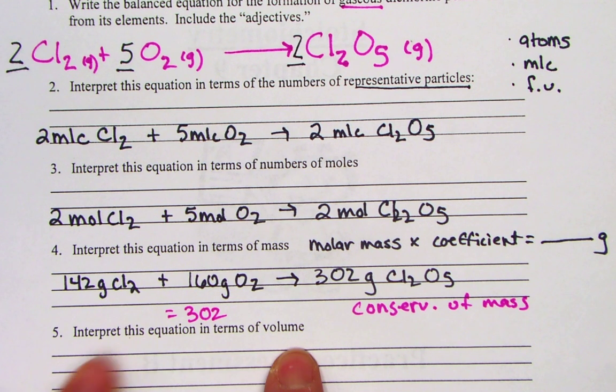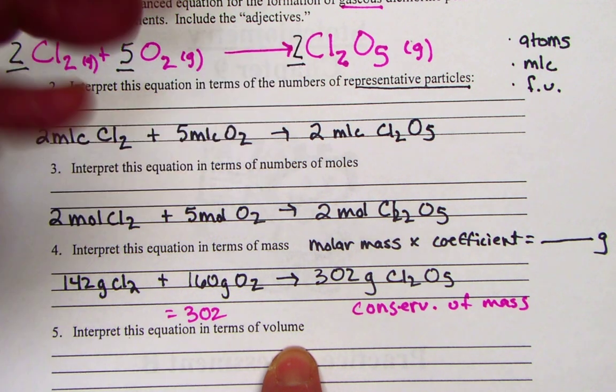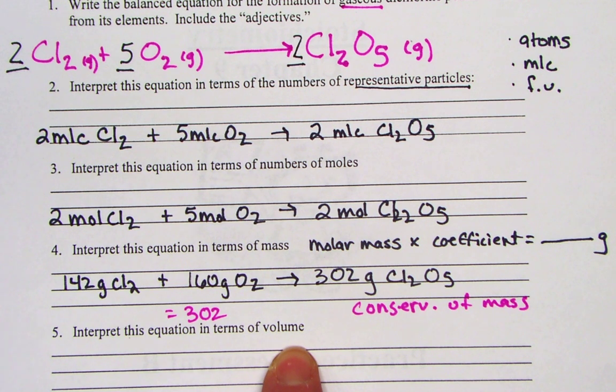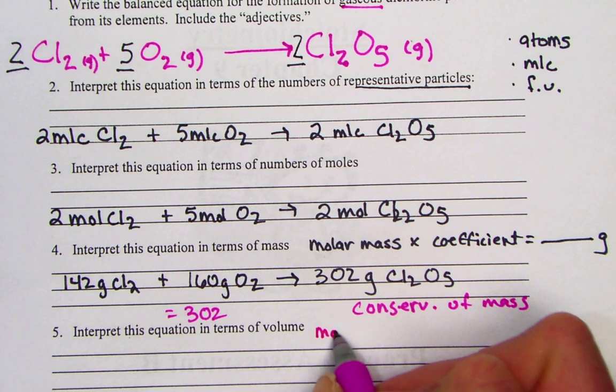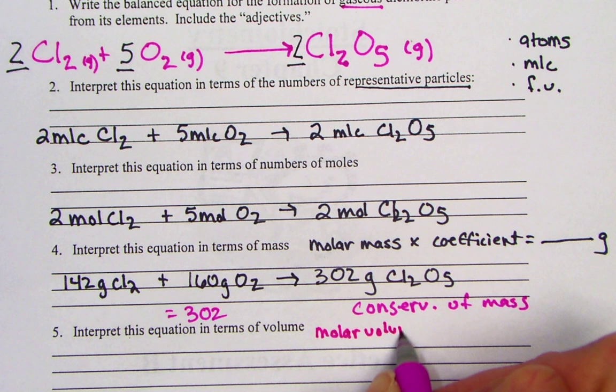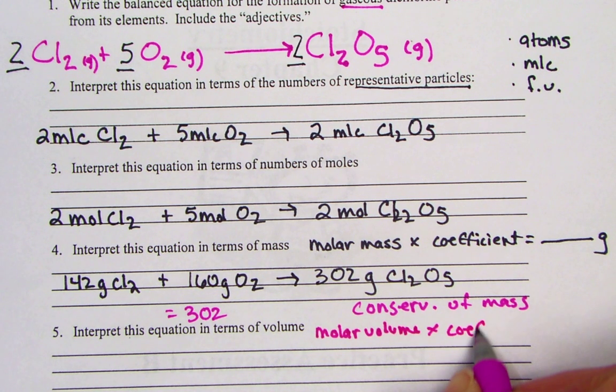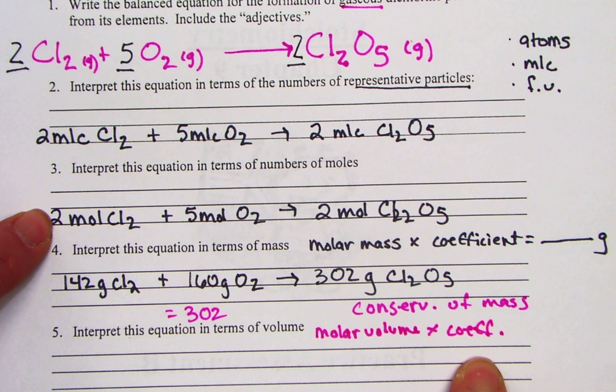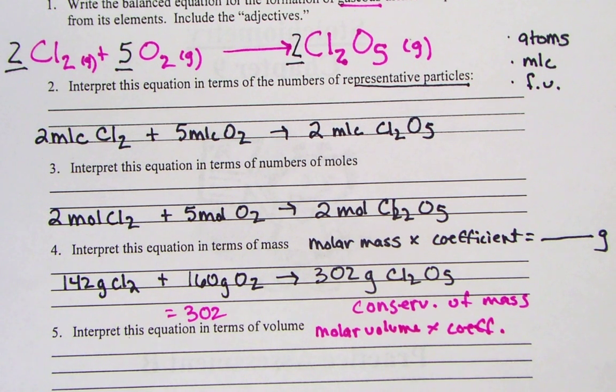When we interpret in terms of volume, we can only do so if they're all gases, and this is an example where that is true. If you see any other adjective, solid, aqueous, liquid, don't write for it, but in this example we can. We use something called the molar volume, which is 22.4 times the coefficient. Coefficients stand for mole number, so we'll take the moles times molar volume to come up with the liters.